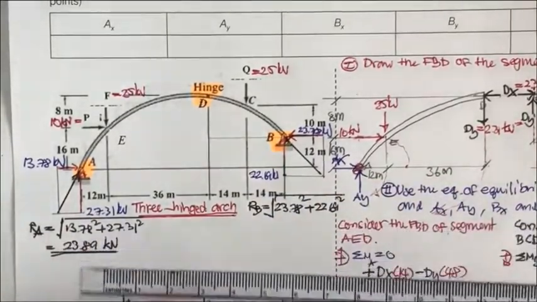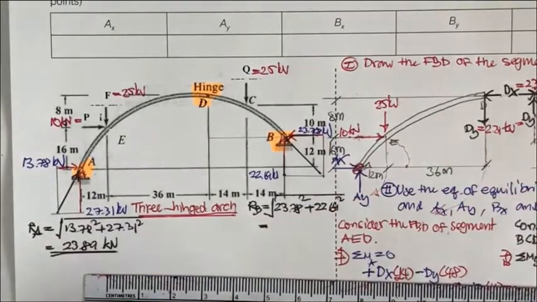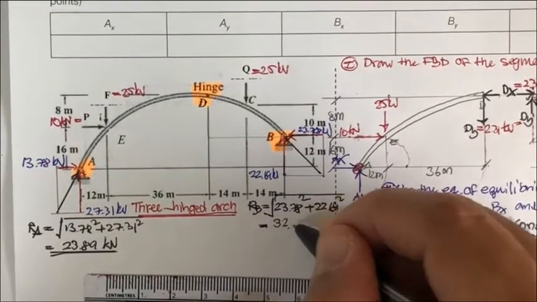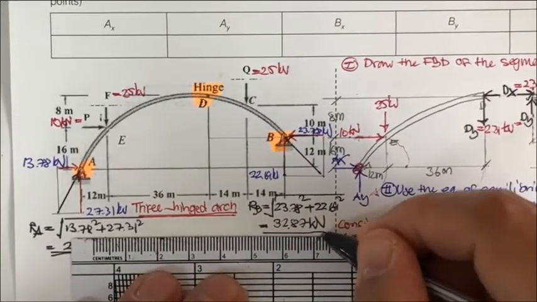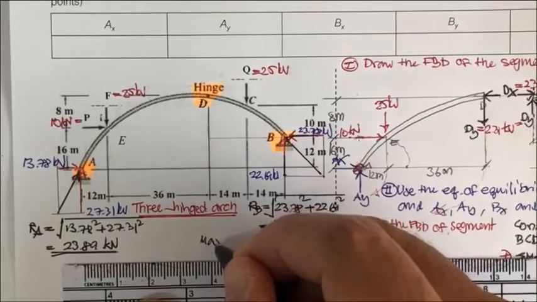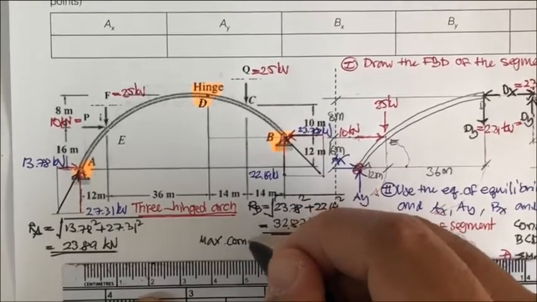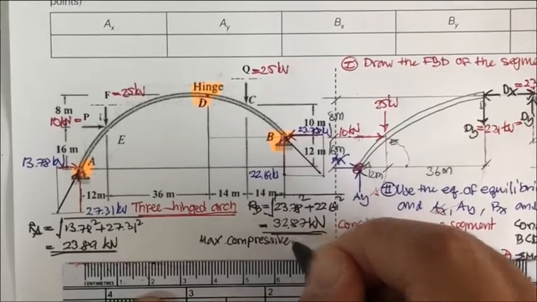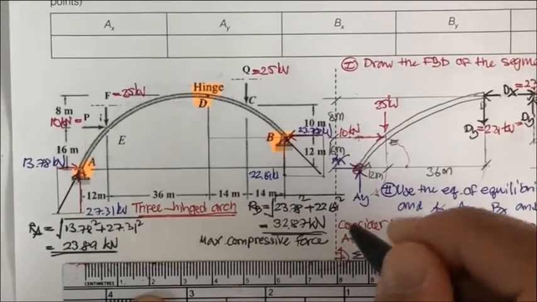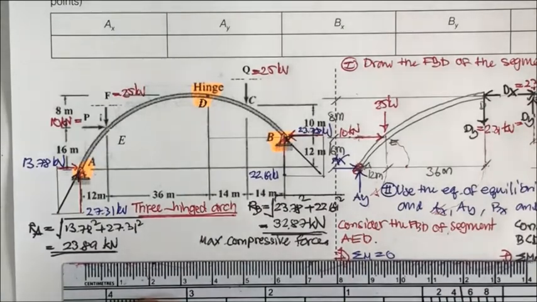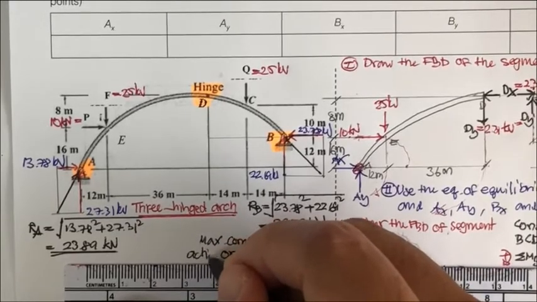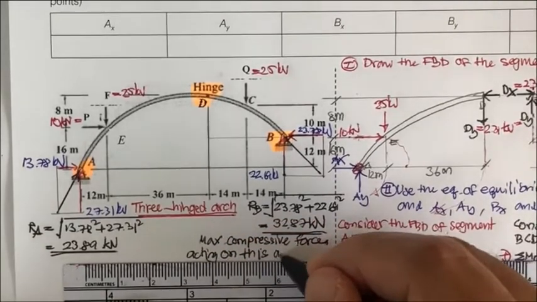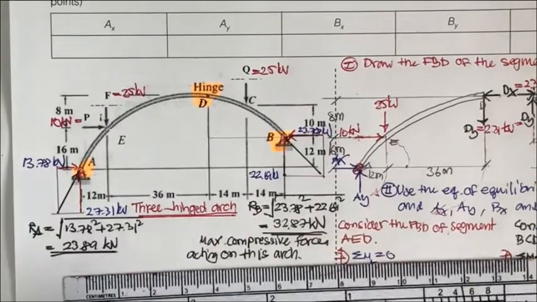Then you get this: R sub B, when you put them, you may get 32.87 kilonewton, and you may see this is going to be the maximum compressive force on this arch. Okay, this is going to be the maximum one.